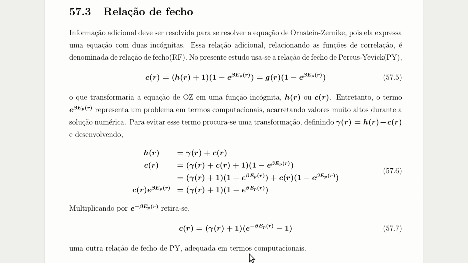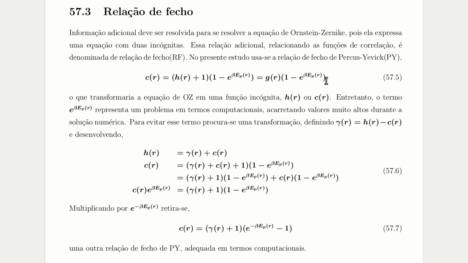The most used closure relation, there are several, but the one we are going to use here is the Percus-Yevick closure relation, which is given by that. You see, there is a relation between c and h that you have to substitute back into the Ornstein-Zernike equation, modify the equation, and solve the integral equation.